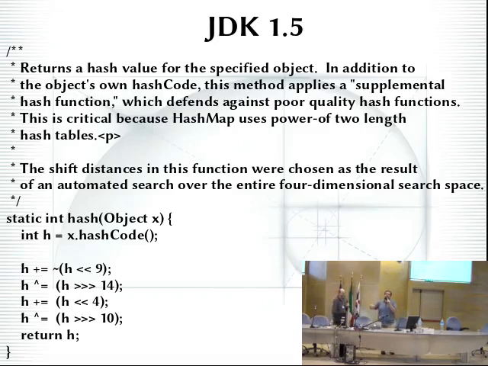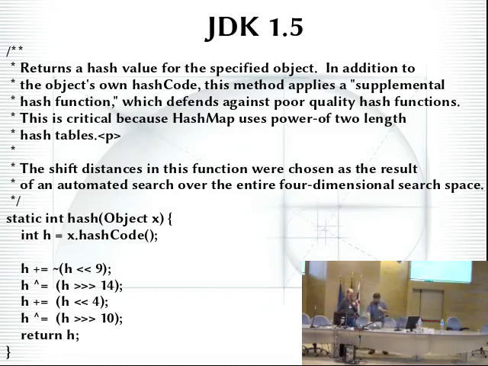It's like you're coping with the fact that you have a poor hash method, and now you get linear search, maybe. Oh, but it's optimized. No, optimized linear search, no, I want all of one. But it gets better because, remember, the shift distances in this function were chosen as a result of an automated search over the entire four-dimensional space.